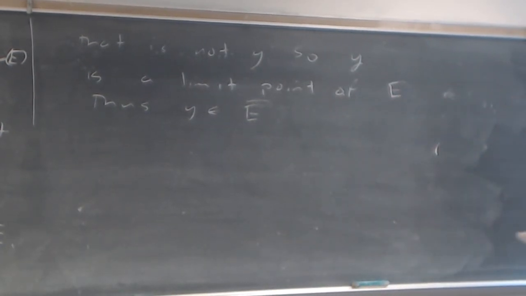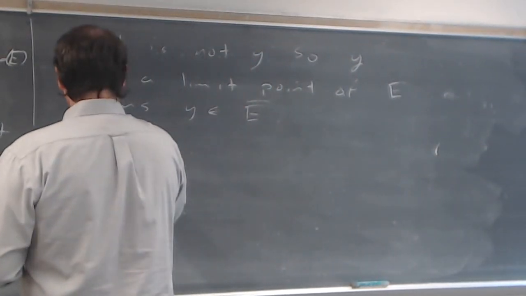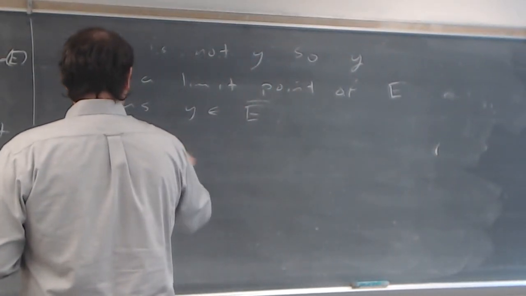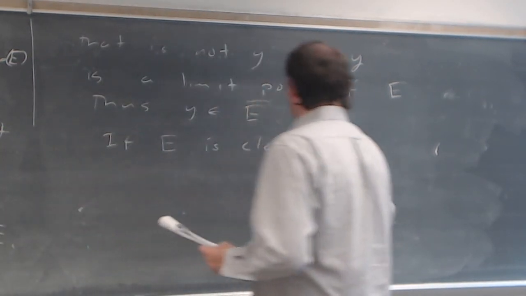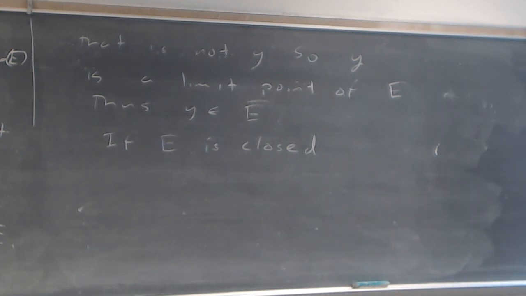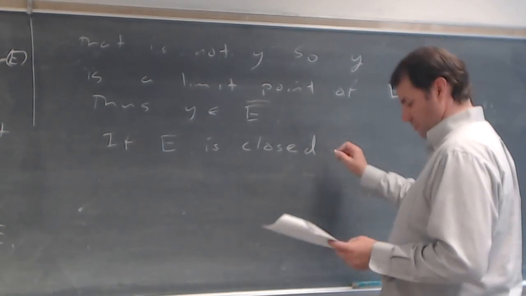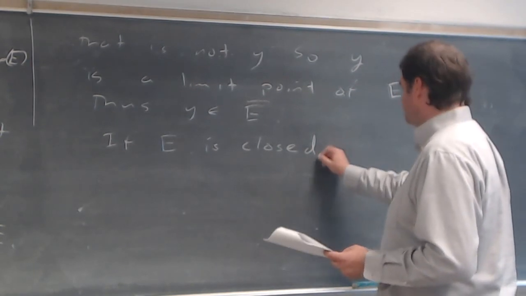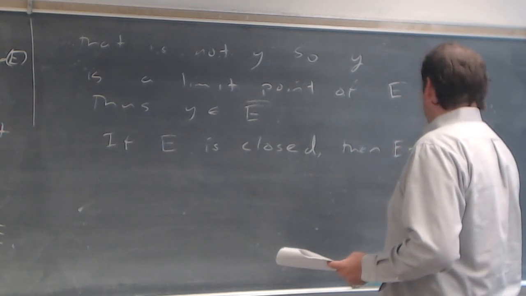Okay, there was a secondary statement associated with this theorem, and that is if E is closed, we want to show that y, the supremum, is in E. Then by the previous fact, E is equal to E closure.